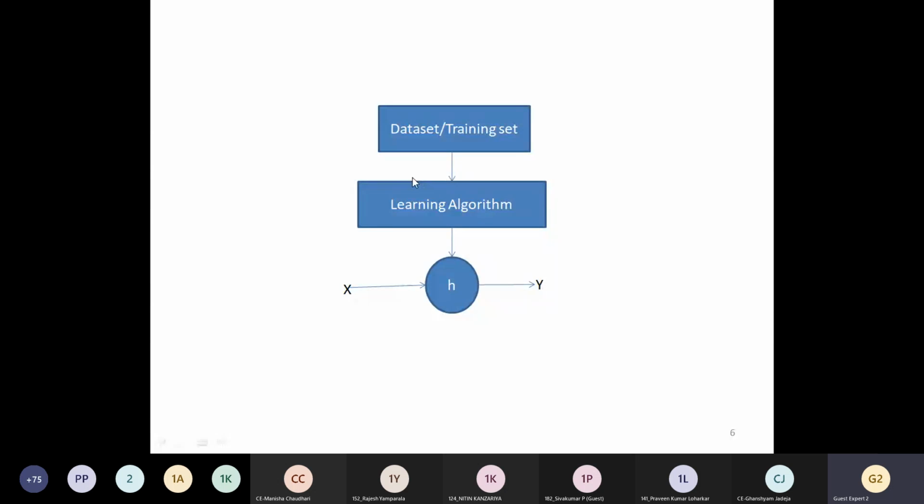The regression algorithm uses this data set for learning, and the outcome of that learning algorithm is the hypothesis, that is the function of y in terms of x. So after creating that hypothesis, I can use it to predict y for any unknown x. That means if I have a function, by putting any x value, I can get the y value. That is how I can predict y from any unknown x value.